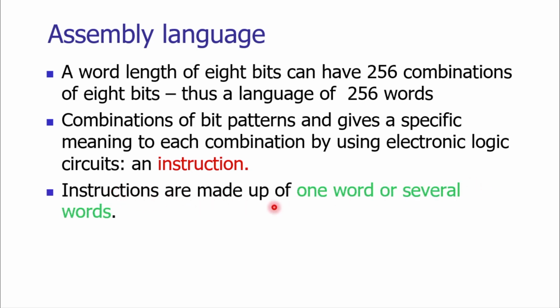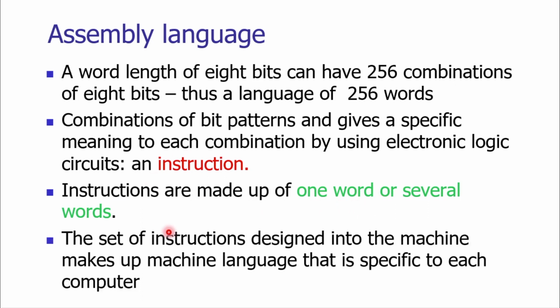The instructions are made up of one word or they may have several words. When we have a set of instructions specially designed into the machine, that creates a specific language pertaining to that microprocessor hardware.